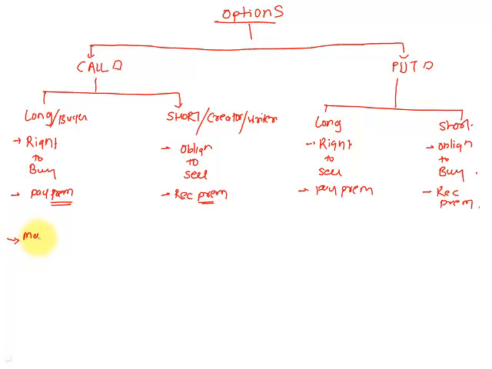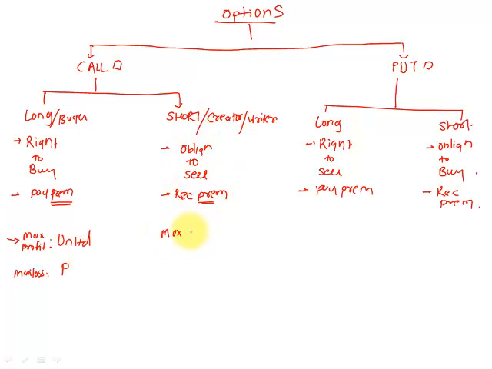What is the maximum profit you can make on a long call? Unlimited. Because you profit when the price of the underlying asset increases, and prices can increase to infinity theoretically. What is the maximum loss you can have on a long position? Premium. If you are in a long position, the maximum that you'd lose is the amount of premium.